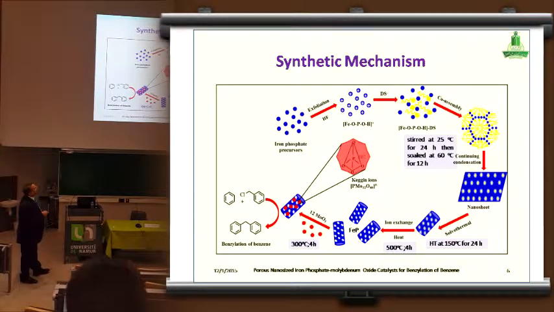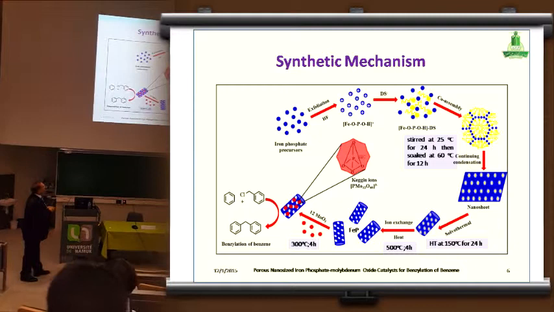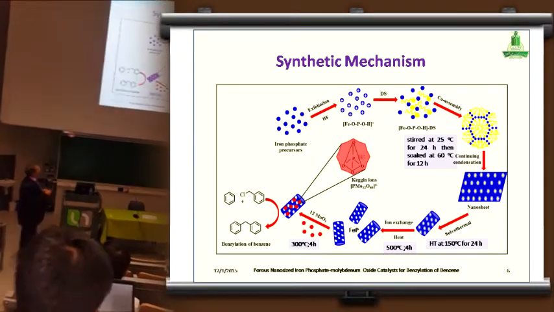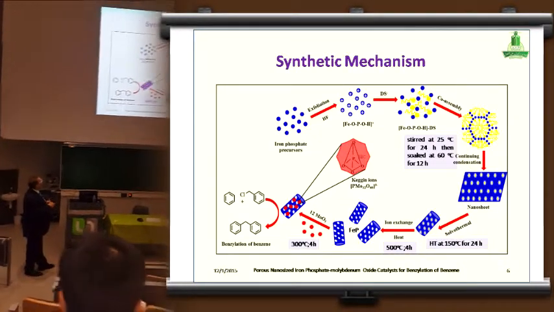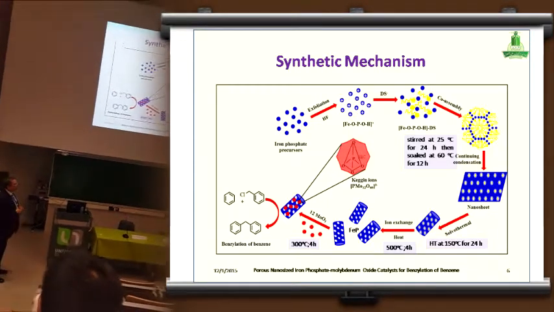Then we start loading different amounts of molybdenum, from 1 mole percent up to 5 mole percent, doing some calcination in order to get the different catalysts.